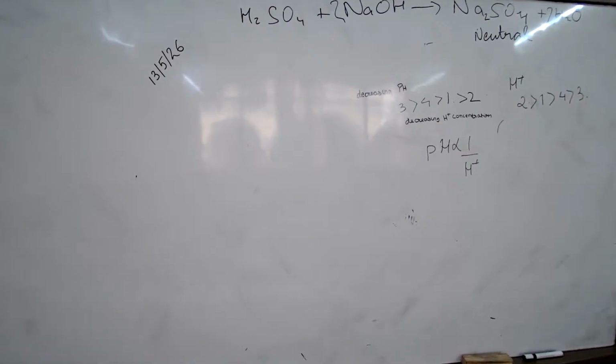This salt is made up of... First thing, if universal indicator is showing orange-red color, that means it must be what kind of solution? Acid. Now give the answer. A strong acid and a weak base. Why? Because it gave red color. Why would it be strong acid and weak base? The universal indicator gave red color, so why is the answer strong acid and weak base? What kind of salt is that of a strong acid and weak base? Acidic. And red color came, that means it is acidic in nature. Next.